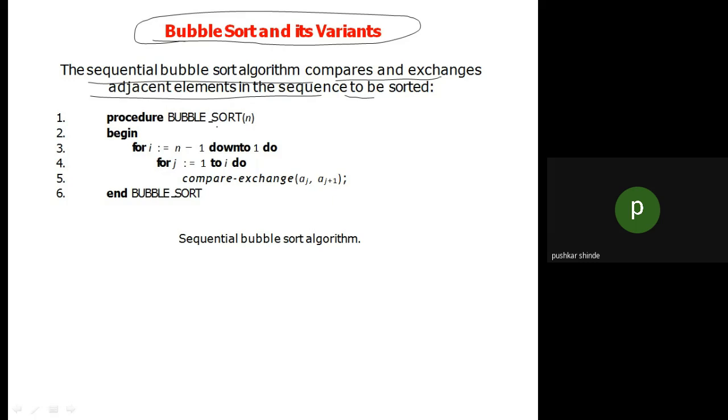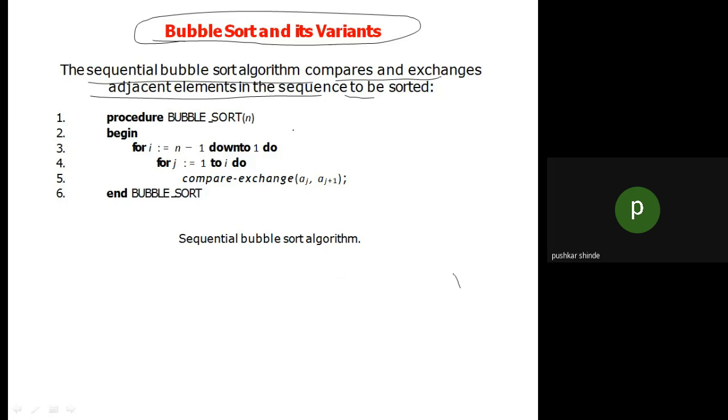So the sequential bubble sort algorithm compares and exchanges adjacent elements in the sequence to be sorted. For the bubble sort procedure, there are two nested for loops.